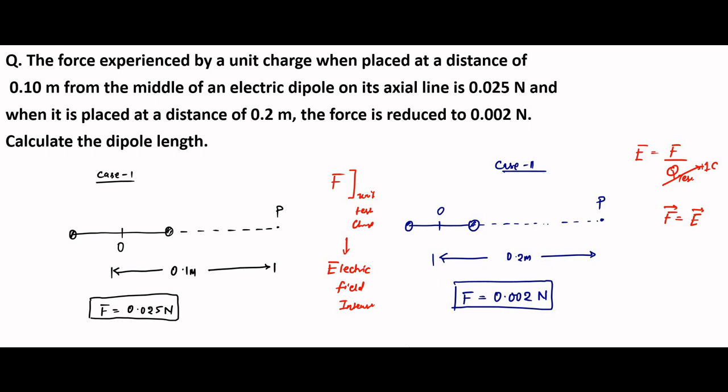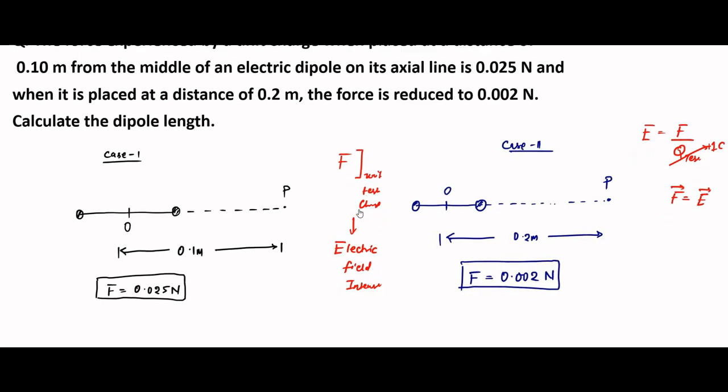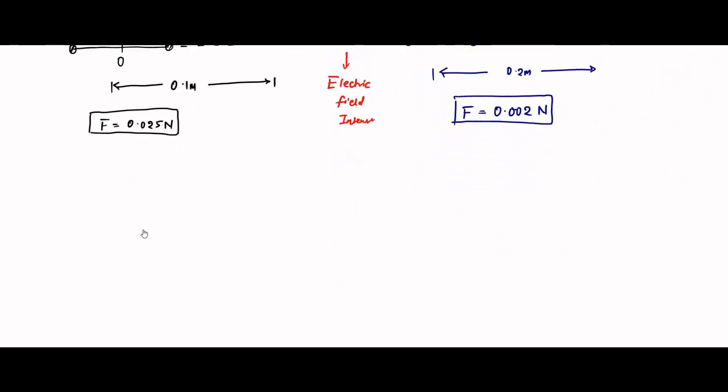The electric field intensity along the axial line is equal to 1 by 4 pi epsilon 0 into 2px by x square minus a square whole square, where p is the dipole moment and x is the distance of the point from the midpoint of the dipole.